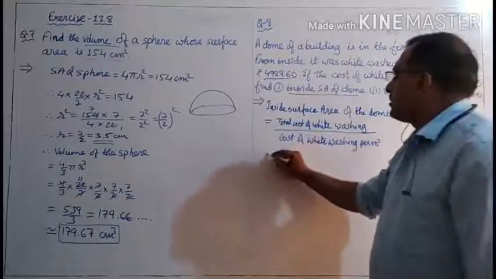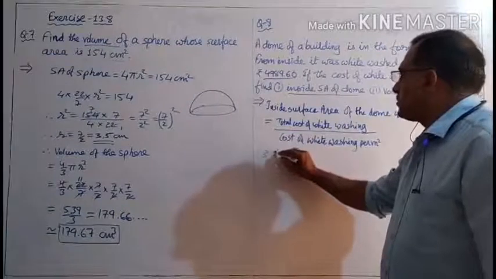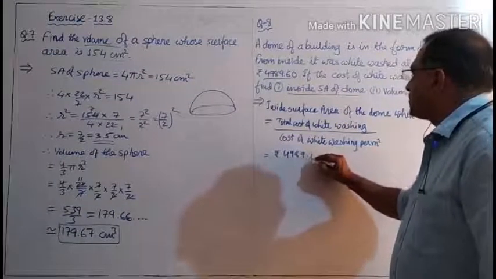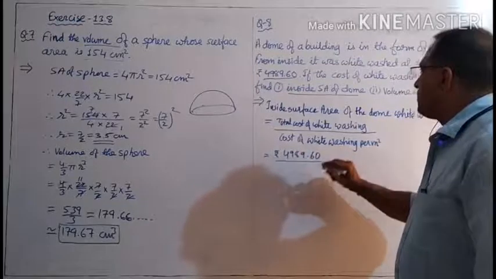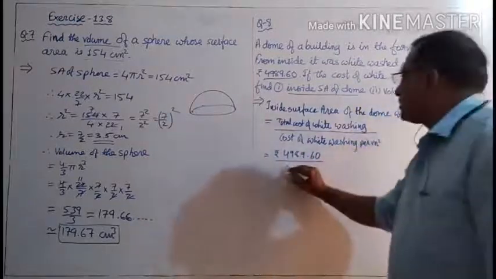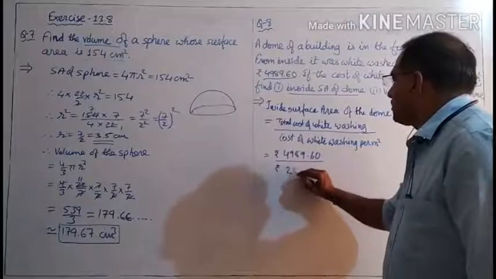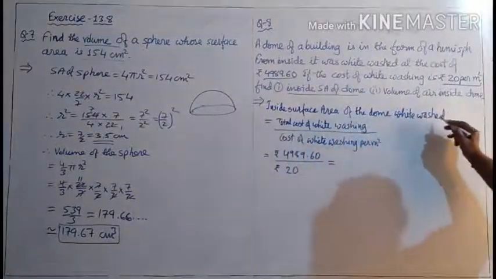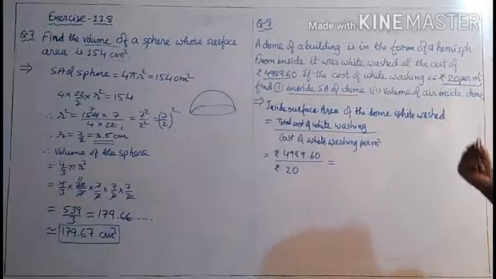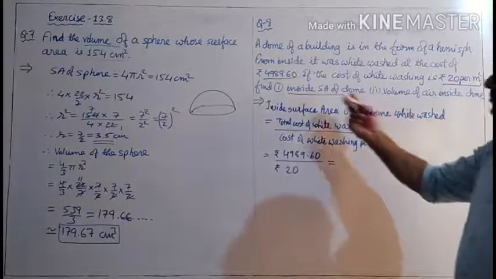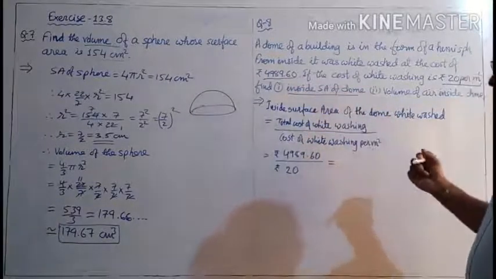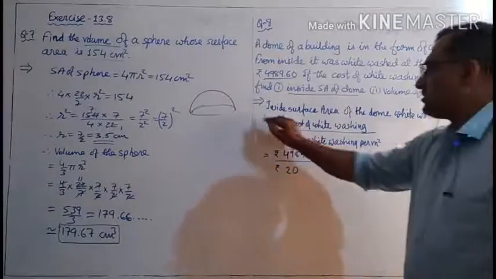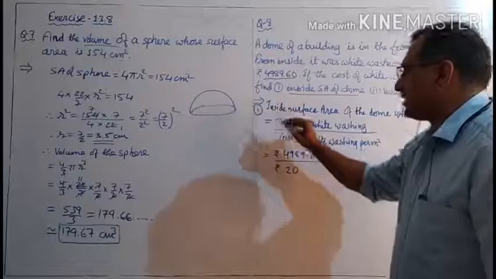So here total cost is rupees 4989.60 divided by here 20 rupees. So you will get inside surface area of the dome which is whitewashed, and that is this, that is here you can see now inside surface area. This is the first result you will get.